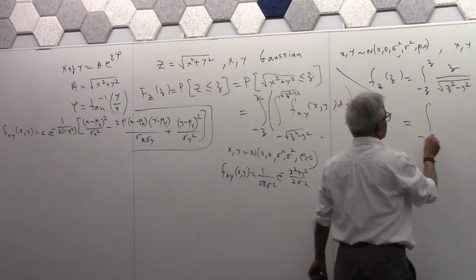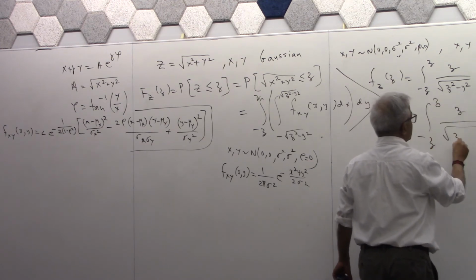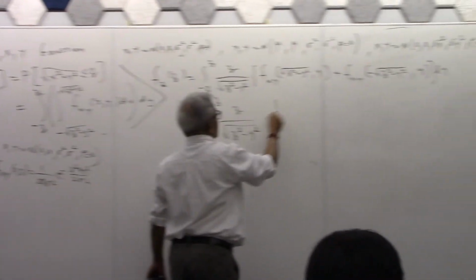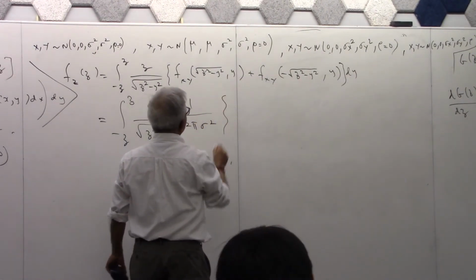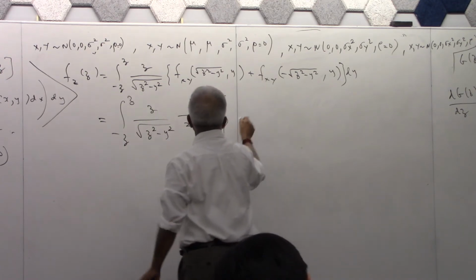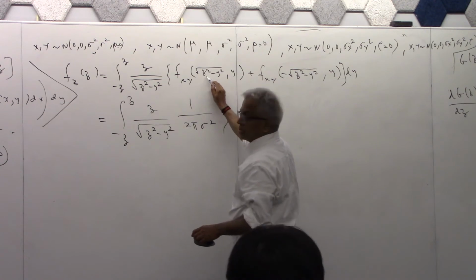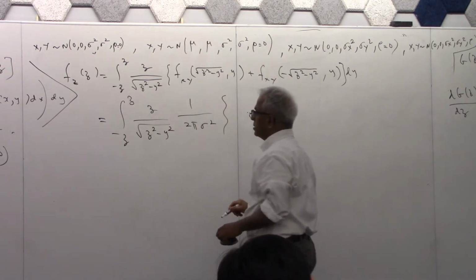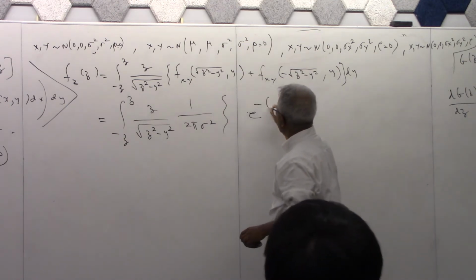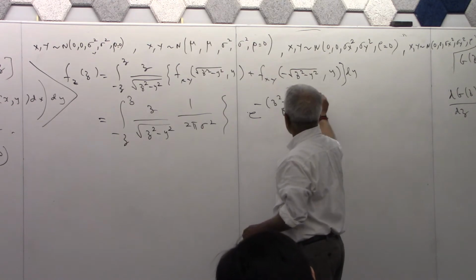So this is minus z to z, z over square root of z squared minus y squared, 1 over 2 pi sigma squared. Then I have this term twice, right? Look here. Instead of x, I'm going to substitute this, square it, and add y squared. So what do you get? Anybody? I hope you see this: z squared minus y squared plus y squared, divided by 2 sigma squared.